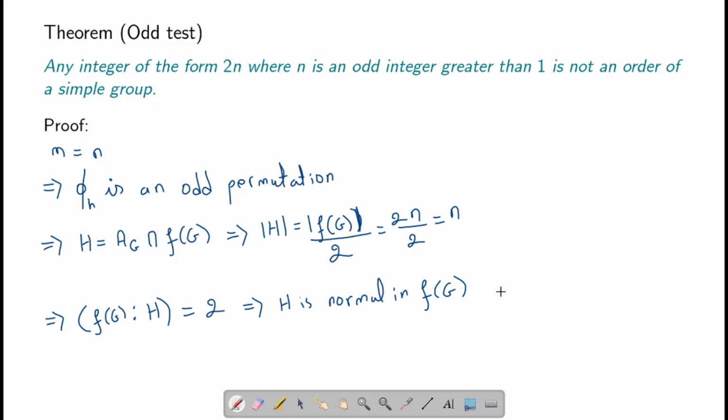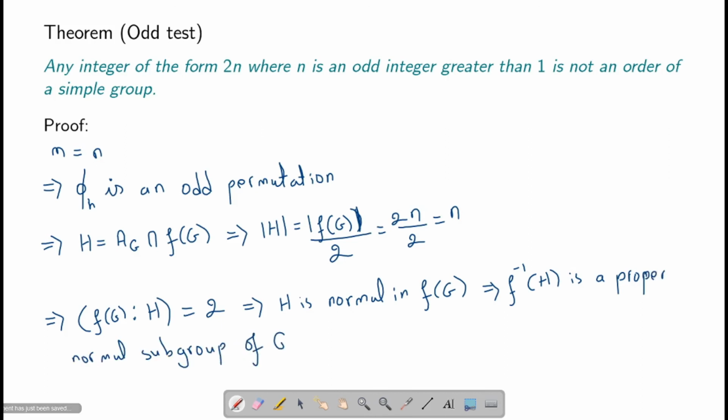And since F is an isomorphism from G to F(G), this means that F inverse of H is a proper normal subgroup of G. So this proves that G is not a simple group.